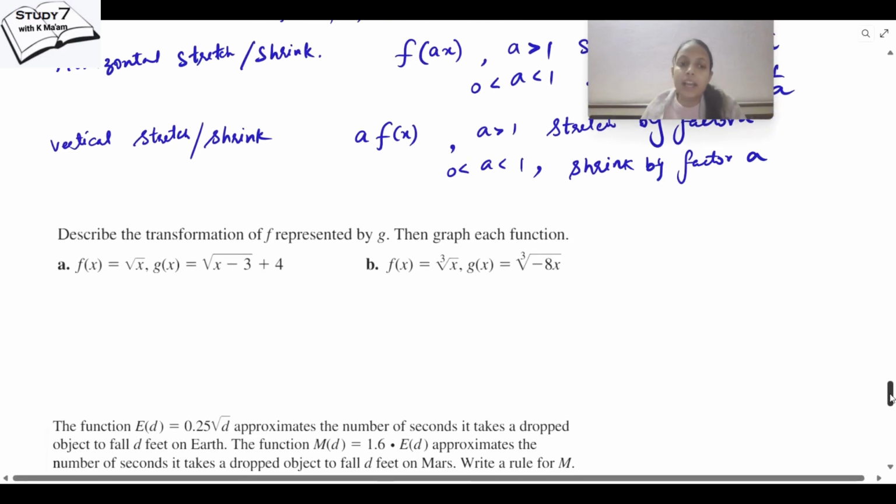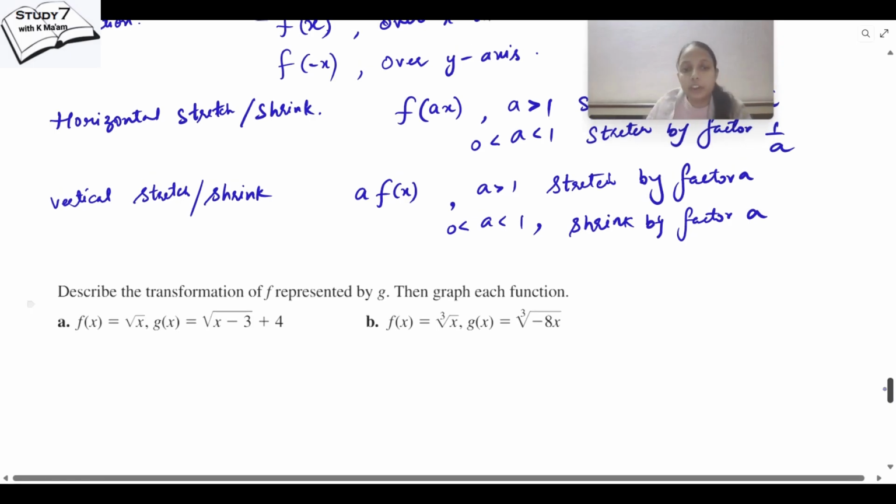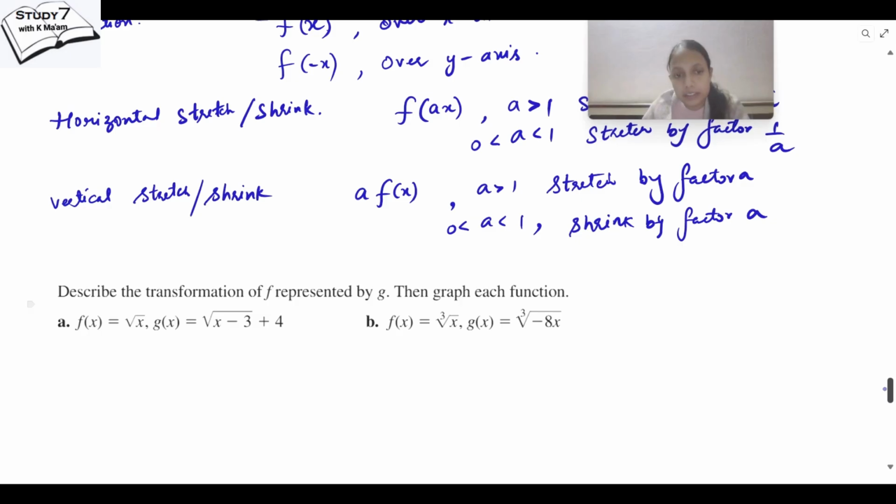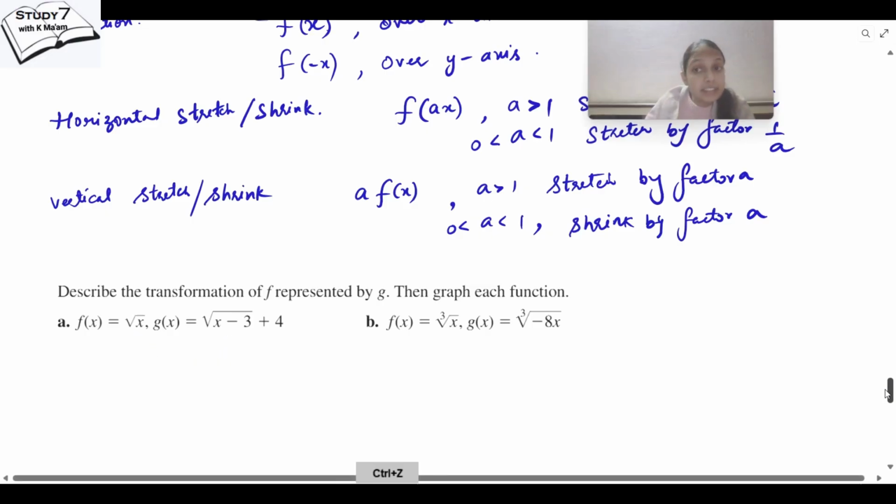Let's see next. We have to describe the transformation in this case. f of x is square root x, and how is this changed? Inside, x is changed to x minus 3. If inside something is added or subtracted, it's horizontal.